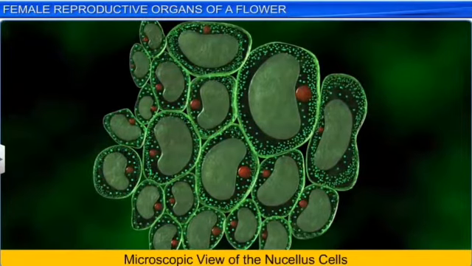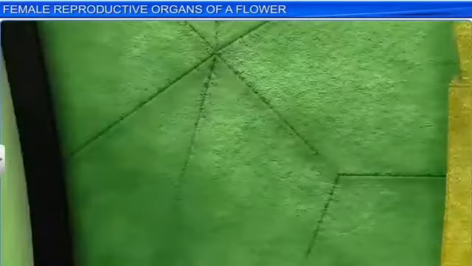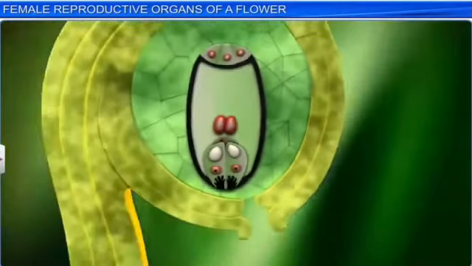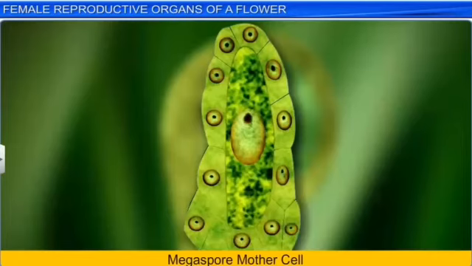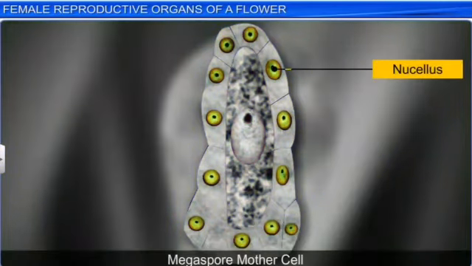Now let us observe how the formation of such cells ultimately takes place, which we call megasporogenesis. Well, the MMC, that is the megaspore mother cell, undergoes meiosis and produces megaspores.